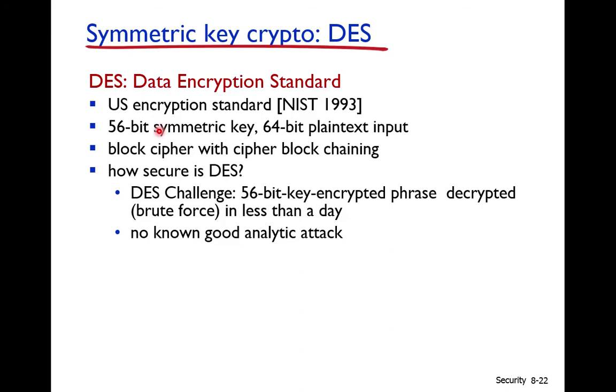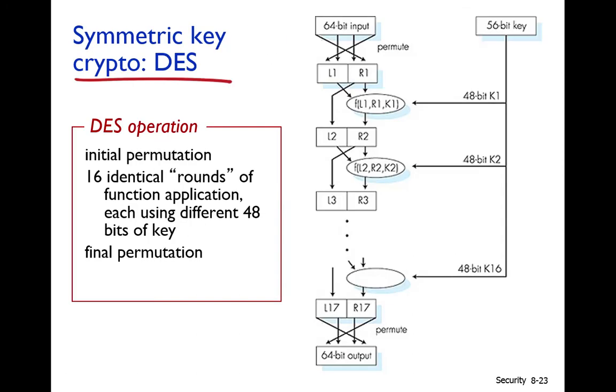The same key is used for encryption and the same key is used for decryption. Let's explain this through an example. This is the working of the algorithm: the plain text is divided into 64 bit blocks, and each block is encrypted using the 56-bit key.